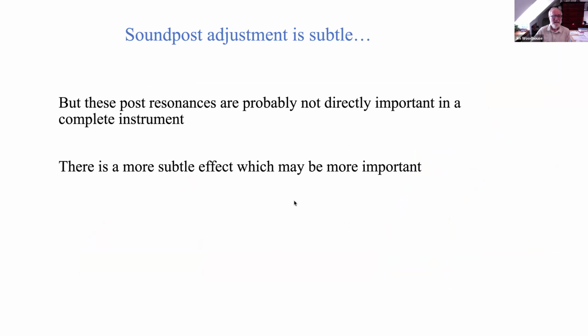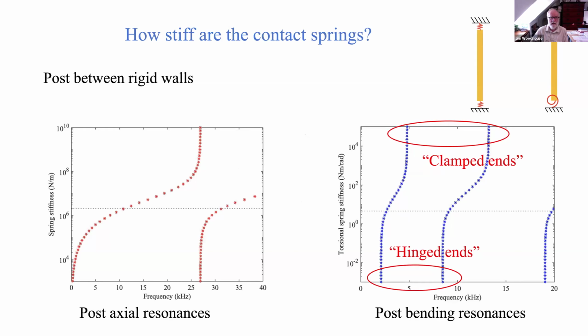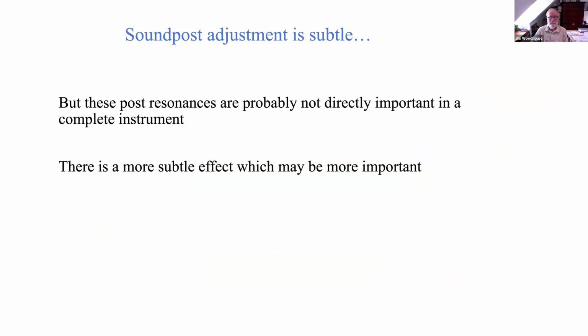However, probably those post resonances are not in themselves very important in the complete instrument. If I just go back to the slide here, the axial ones are really rather high. The bending ones are there, but they don't communicate with the top in a very interesting way.